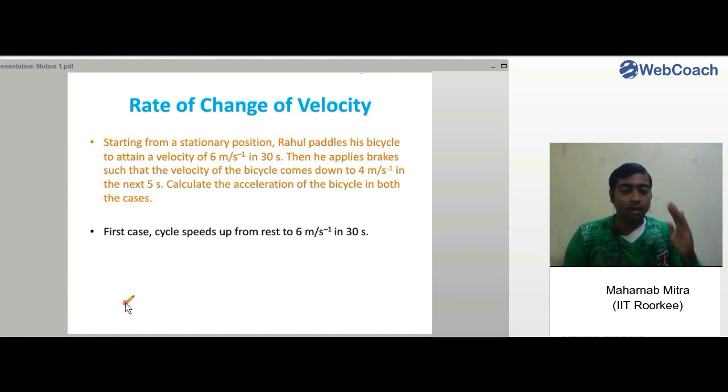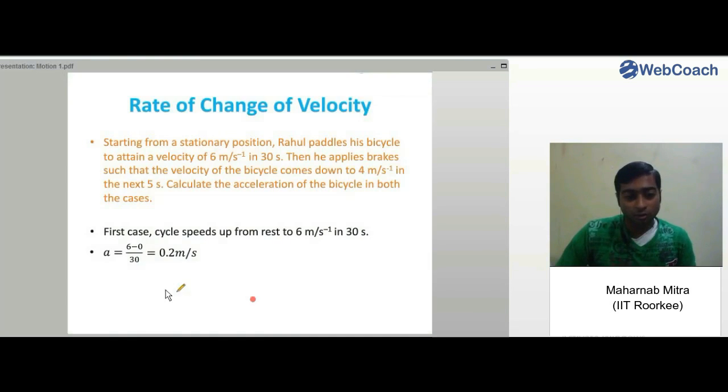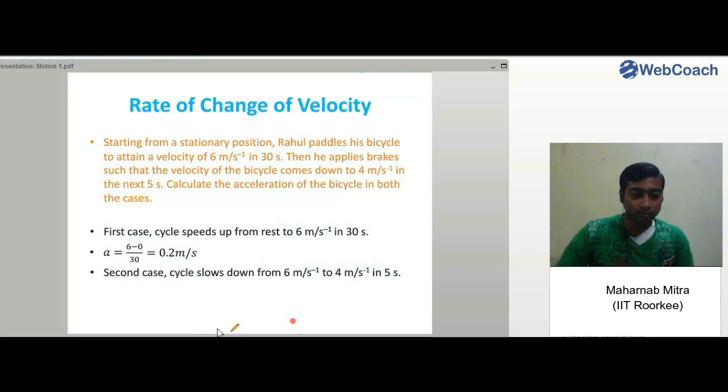So for the first case we are taking it starts from zero speed and finally ends up at 6 meters per second in 30 seconds. So here we have to find the acceleration. The change in velocity will be 6 minus 0, which is final velocity minus initial velocity, divided by 30 seconds. 6 by 30 is 0.2 meters per second square, right? This is the acceleration.